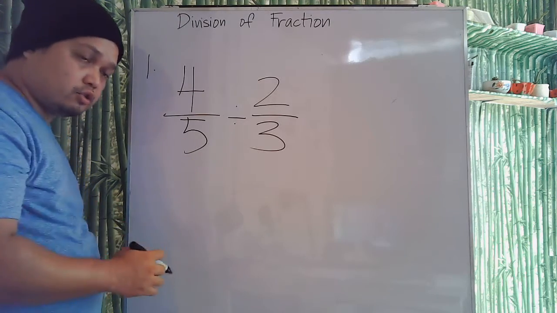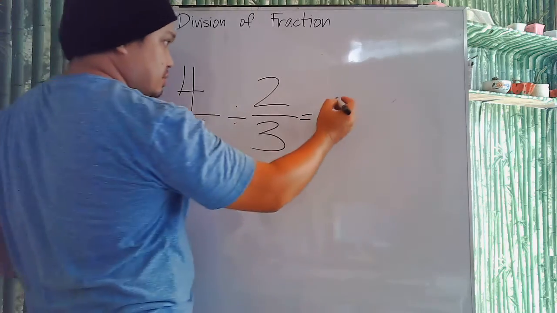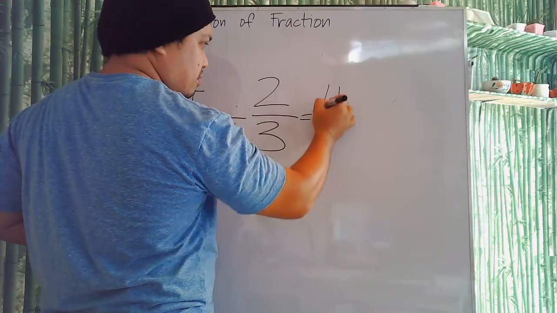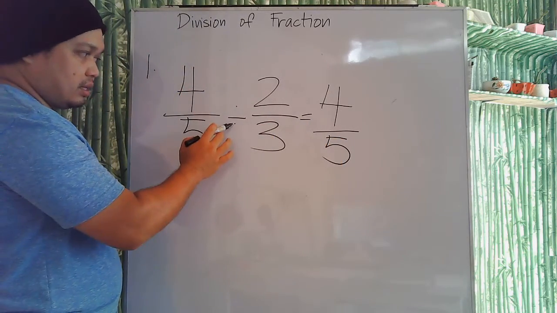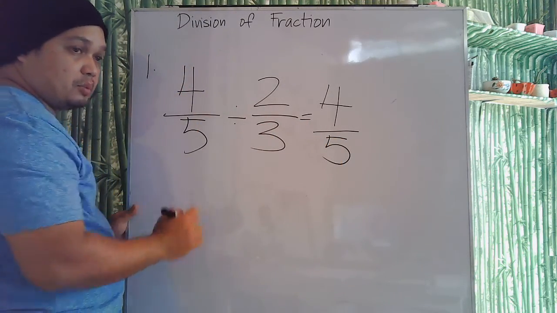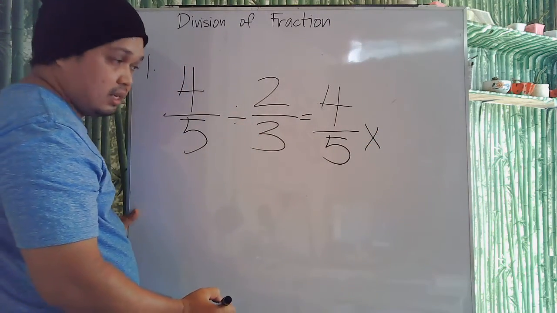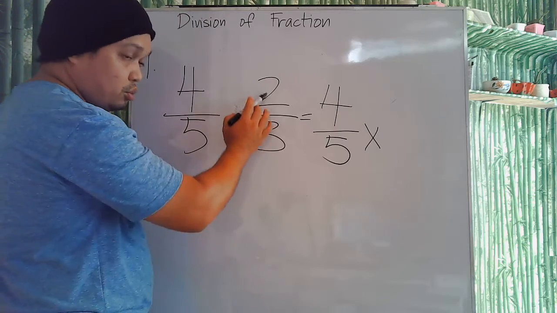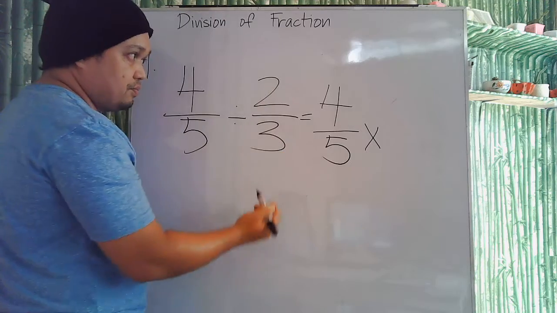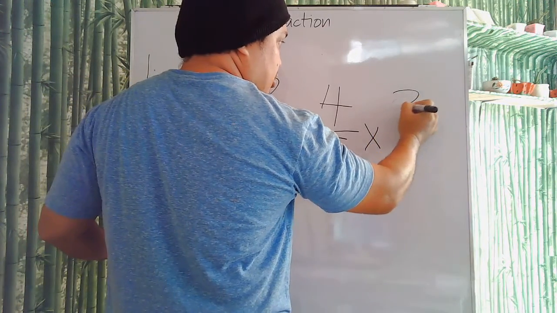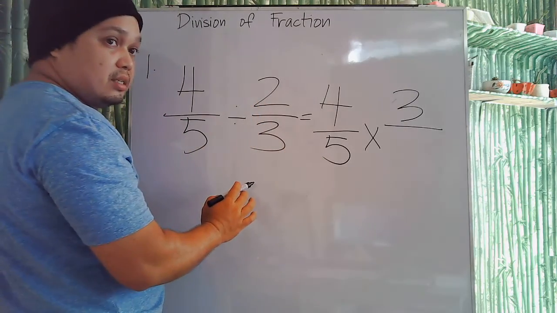If you're going to write this, just copy 4/5. Now, division here will become multiplication, times the reciprocal of 2 thirds. The 3 here will become its numerator, while 2 here will become its denominator.